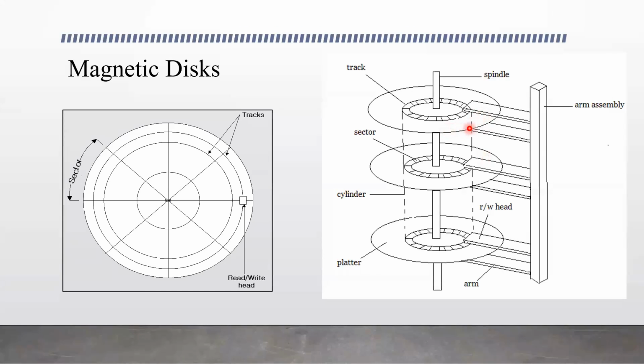Here you see a circular plate, a disk, and several disks are arranged and connected using the spindle in the middle. They are connected to the read-write head, which is used to read or write a character from the disk.